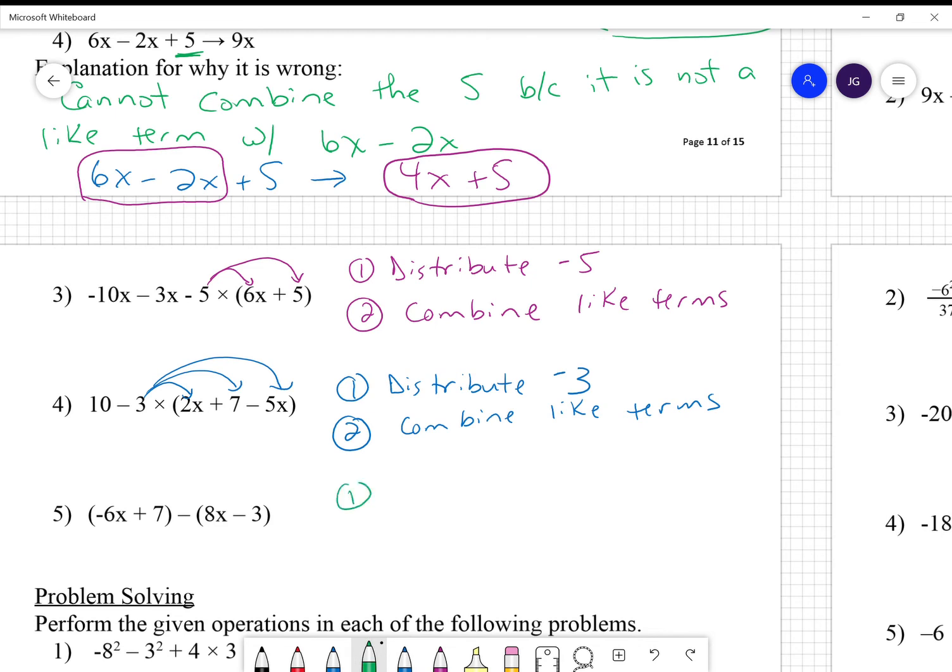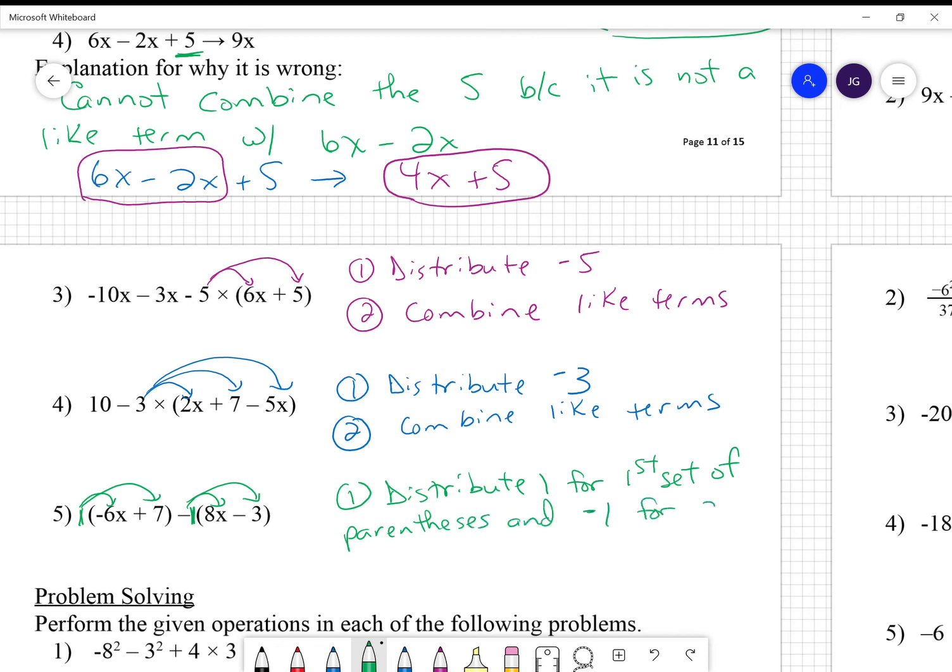In number 5, there's nothing in front of the first parentheses, so basically you're distributing a 1. And the second parenthesis, you're distributing -1. Distribute 1 for the first set of parentheses, and -1 for the second set, and then you would combine like terms.